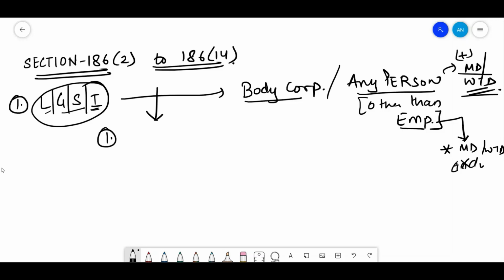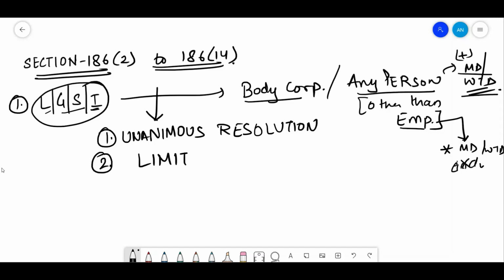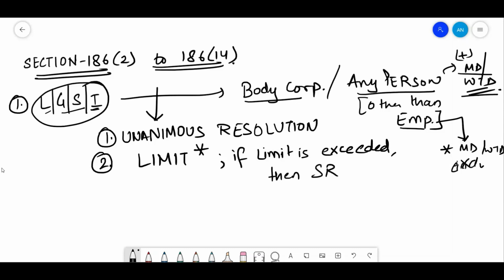First, they will have to pass a unanimous resolution. We will discuss what unanimous resolution is. Second, we will have to see a particular limit. If limit is exceeded, then special resolution is passed. Third, PFI approval.